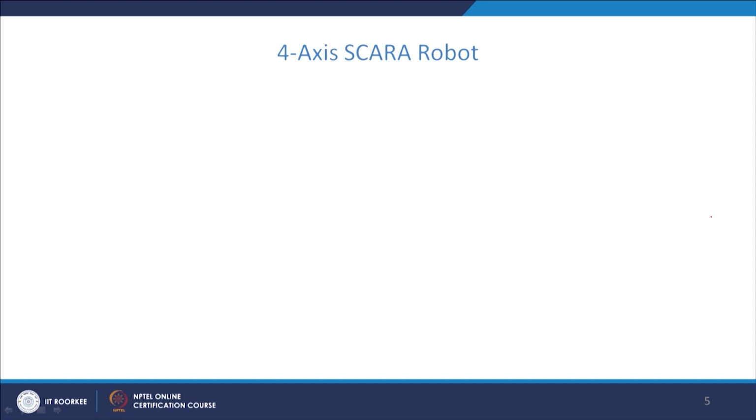So, here we consider a 4 axis SCARA robot manipulator. The manipulator which we will consider is the following. We consider the base is revolving about the z0 axis, which is a vertical line, and this joint is a fixed one, there is no movement at this joint.